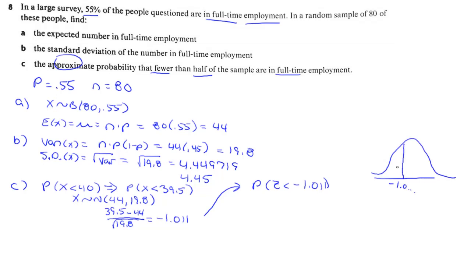So what we want to do is rewrite this probability statement so it's less than a positive number. And the way to do that is we're going to do 1 minus the probability that z is less than 1.011. They're going to be the same shape. So now that's going to give me 1 minus 0.8439917, which is going to be a probability of 0.156. Now that's all there is for that one.